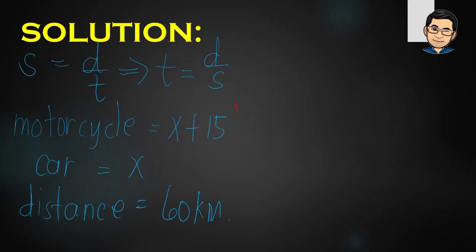So our solution or our equation will be 60 over x for the car and then minus 60 all over x plus 15 para sa motorcycle equals 2. Y equals 2? Kasi yung difference ng oras nilang dalawa ng motorcycle and car is 2 hours.